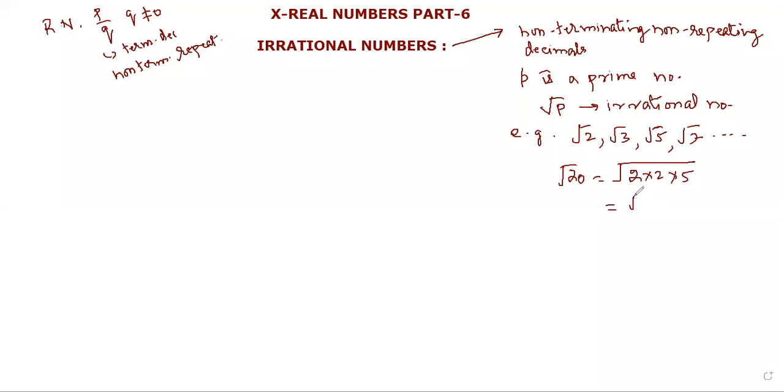So this is root 2, root 2, root 5. So every composite number can be expressed in terms of the root of prime numbers as per the fundamental theorem of arithmetic that we have seen already.